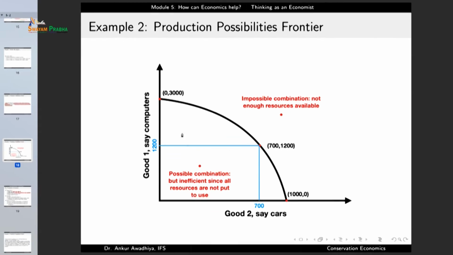Now, in place of producing 3000 computers, suppose this society produced, say, 2900 computers. So we'll get a curve like this. And the point where this line cuts this curve is this.